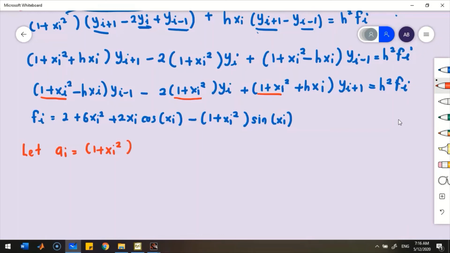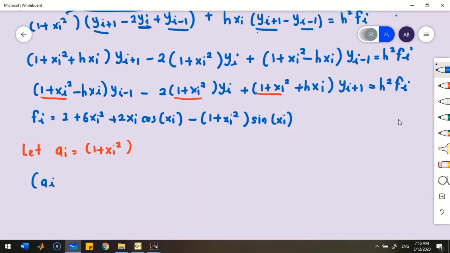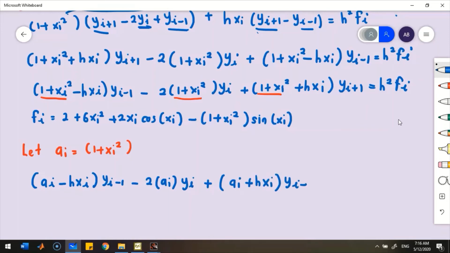So what I can have here, let's just write it back in the form of ai. So I have ai minus hxi yi minus 1 minus 2ai yi plus ai plus hxi yi plus 1 equals h squared fi.